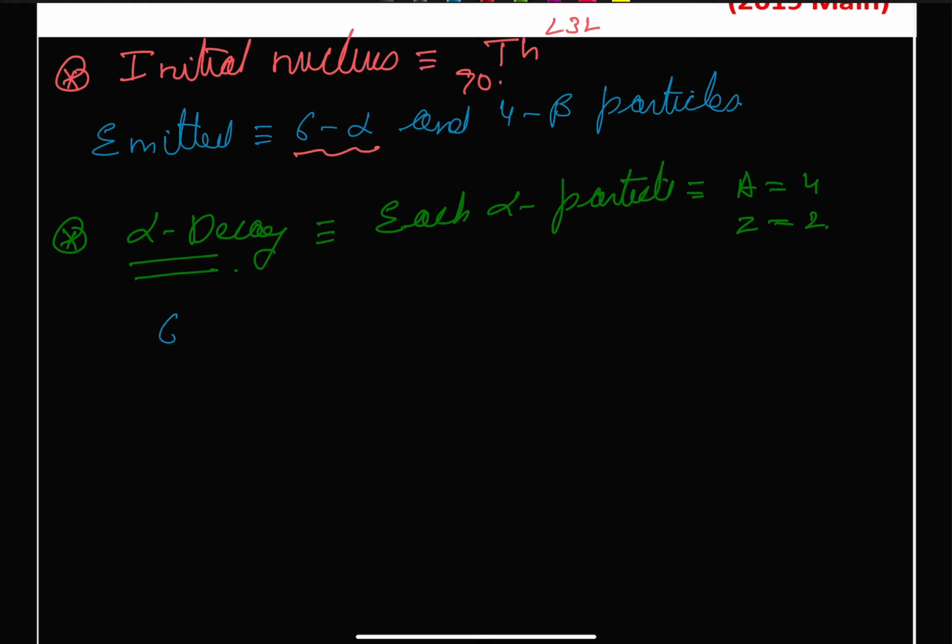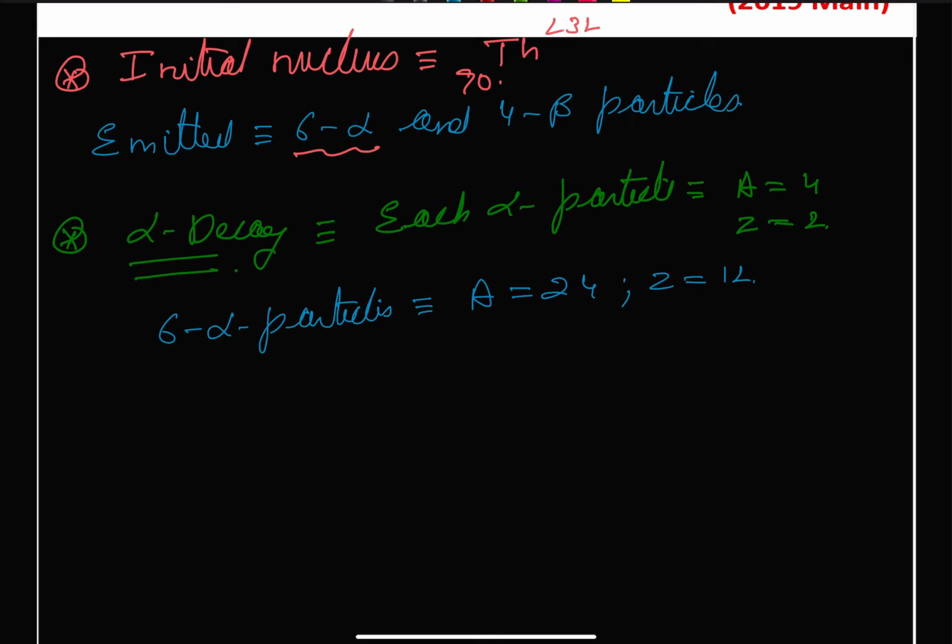So therefore we get our mass number A equal to 24 and atomic number Z equal to 12.